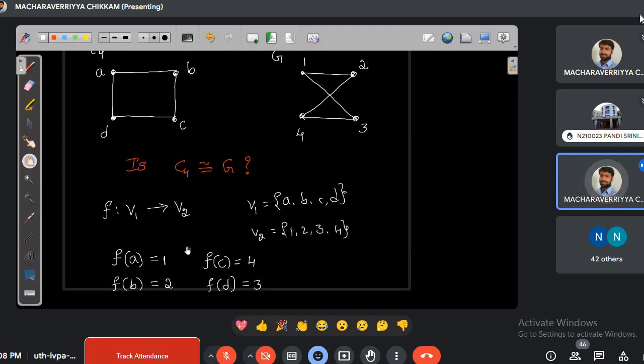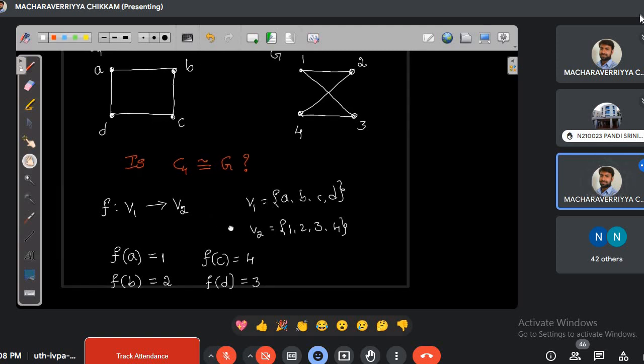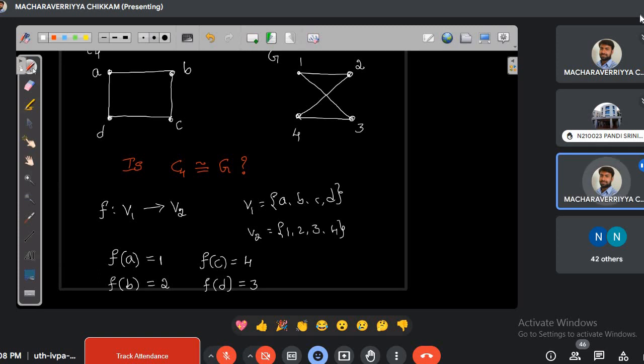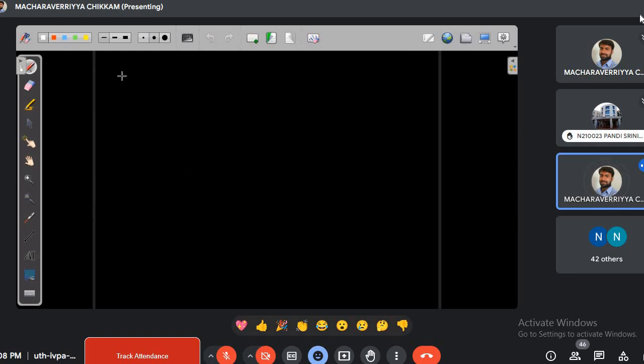Now, is it satisfying the third condition? So let's see. Anyway, there are only 4 edges. Yeah, so here are also 4 edges. Let me write the edges in C4. What are the edges in C4? That is AB, right?